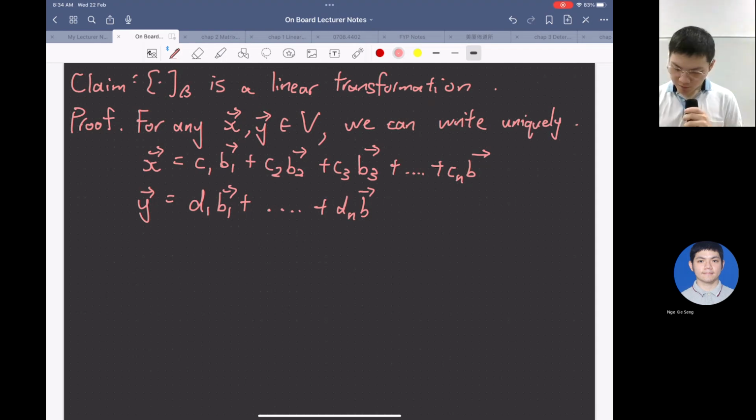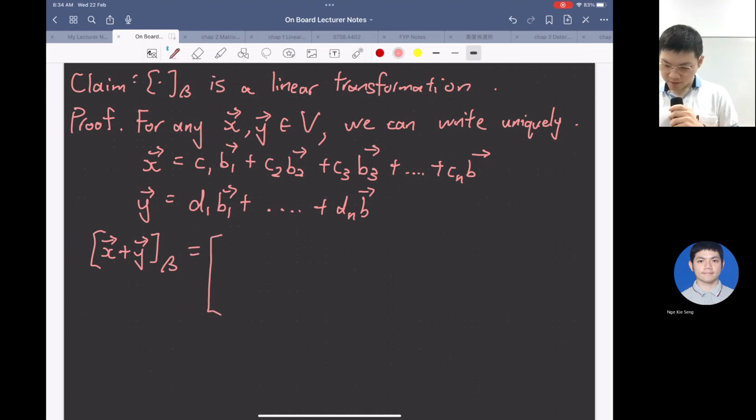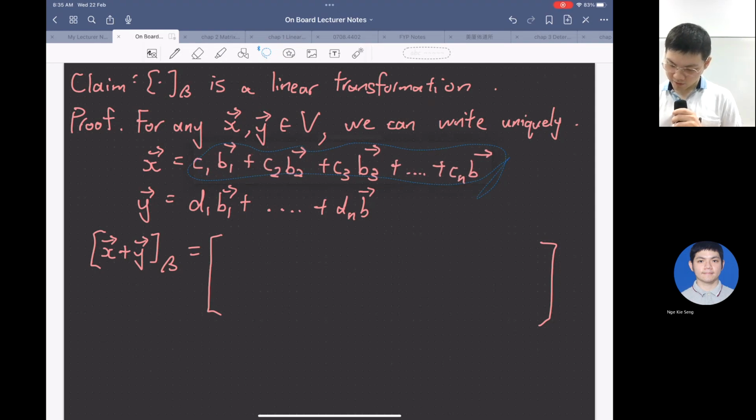So what is the coordinate vector for x plus y? What we do is we just add up the two vectors right here.